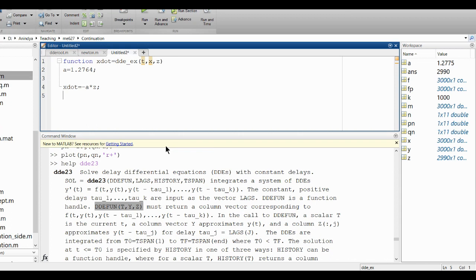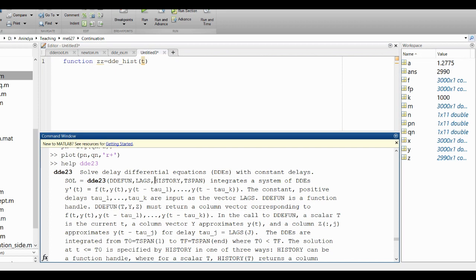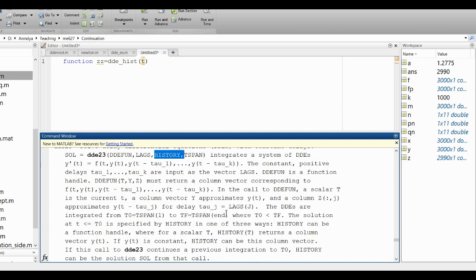I will need another function which will be function zz is equal to DDE history of t. Why history of t? We have to see this history part. Okay, so let's see now.